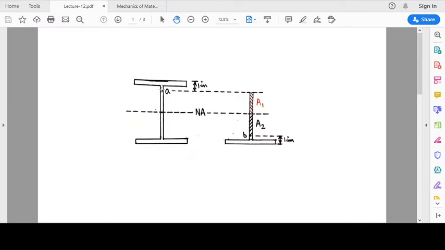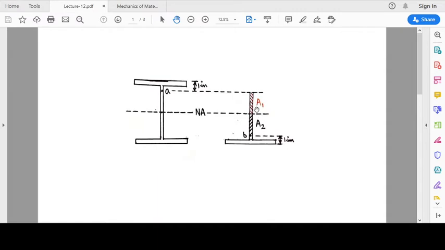However, if we consider the portion of the cross section below point A, then we have the neutral axis in this. So the area vectors above the neutral axis and the area vectors below the neutral axis are going to produce moment in different directions. The area vector is perpendicular to the plane of the cross section.